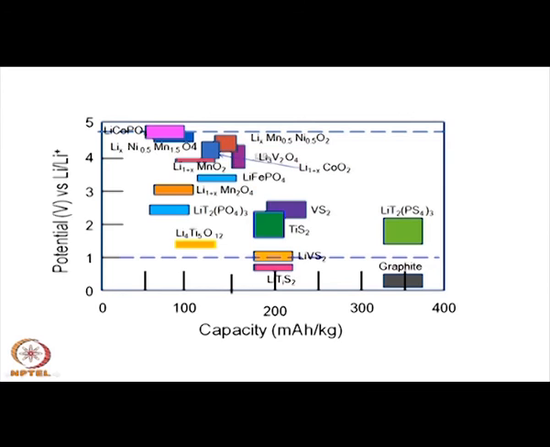So, this also is a possibility, and you can see its voltage is very high, although the capacity is slightly low, and lithium cobalt phosphide is also another compound. So, there are many possibilities alternative to cobalt, and some of them have useful properties and some of them are not so useful. We will find out what are the different possibilities for the future battery and what are the replacements of graphite and lithium cobaltite.